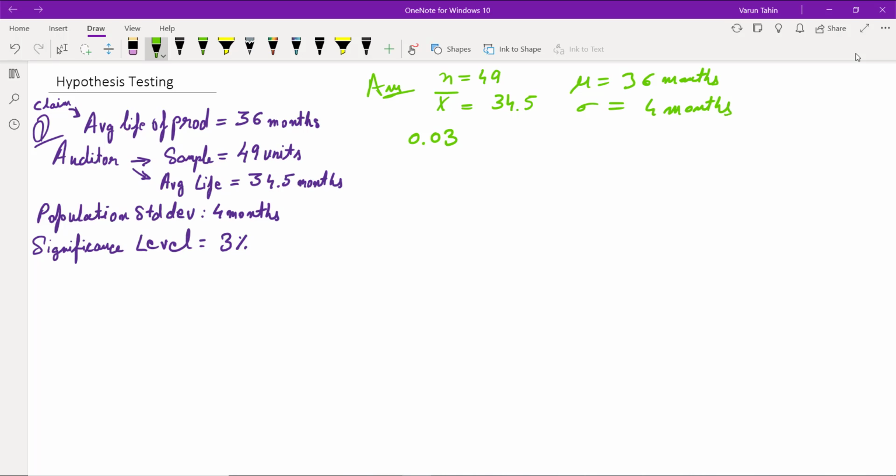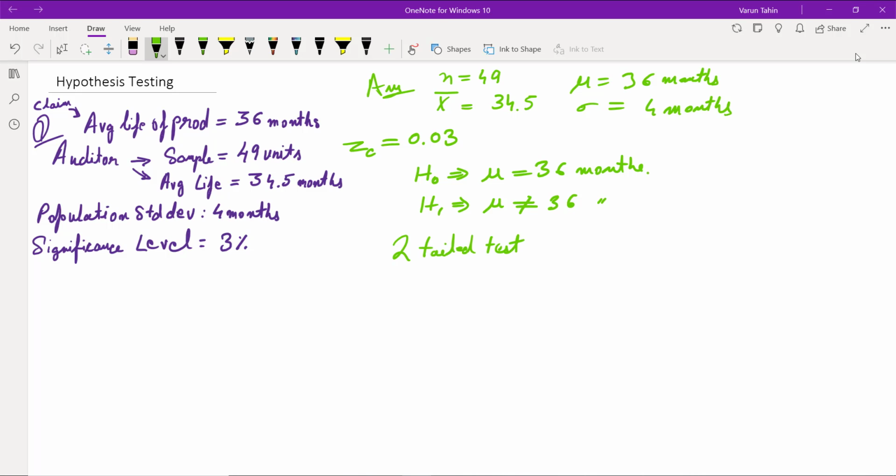So here the null hypothesis is that mu is 36 months, and the alternate hypothesis becomes mu is not equal to 36 months. Correct? And from these symbols of equal to and not equal to, we can say that it is a two-tailed test.